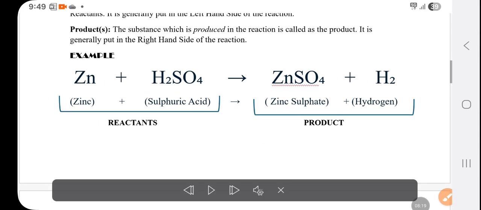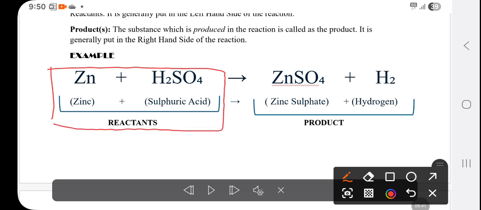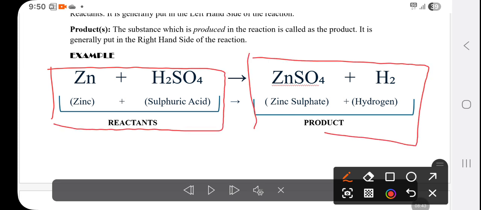So let us look at the example. Zn plus H2SO4 gives ZnSO4 plus H2. Zinc plus sulfuric acid gives zinc sulfate plus hydrogen. Reactants, product. Now this side is the reactant as I told, and this side is the product.